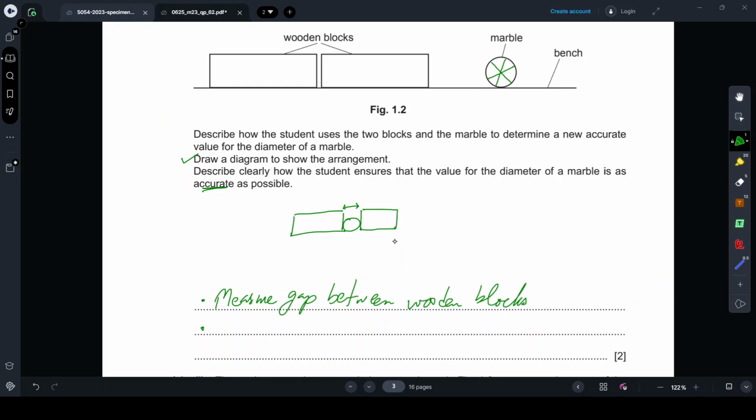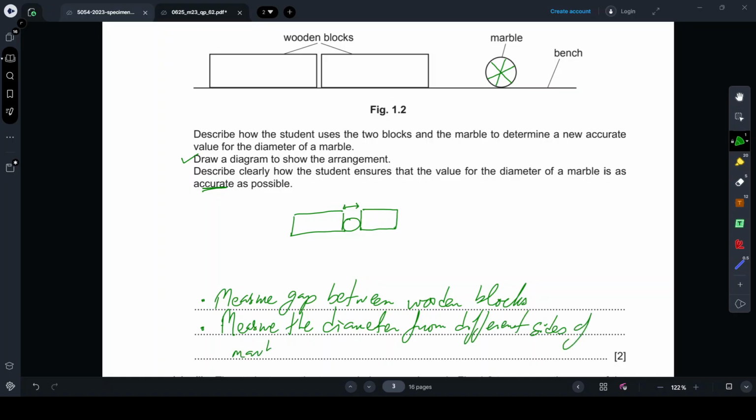And so what you can do is you can possibly measure the diameter from different sides of the marble.